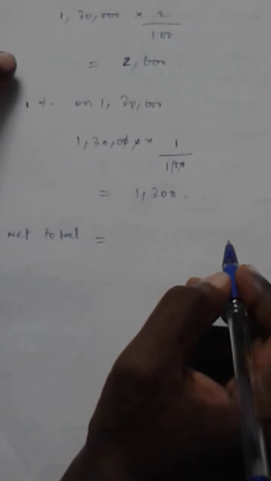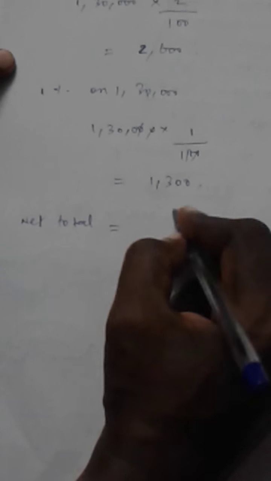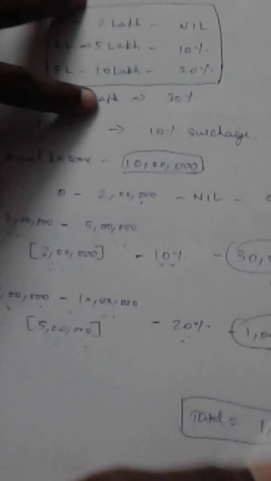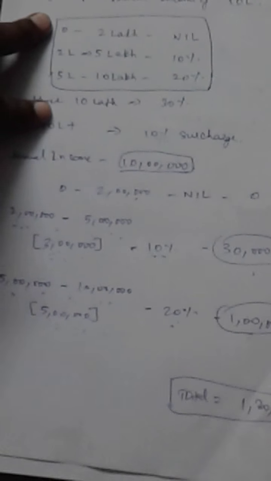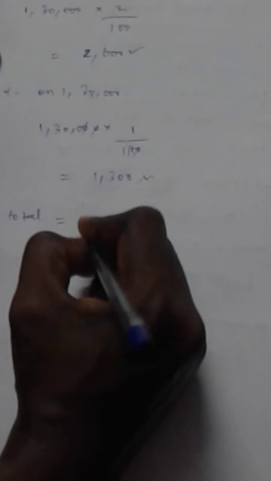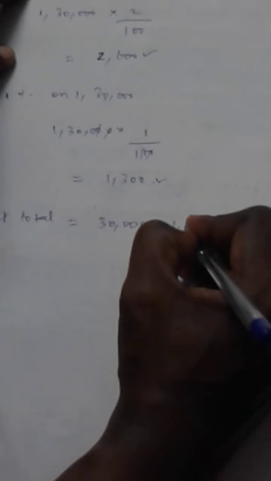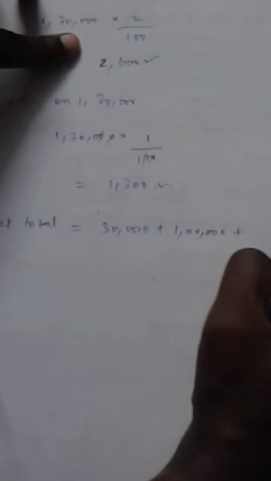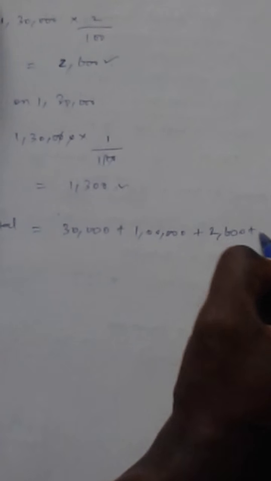Then we need to take the cumulative of everything, which includes the net total, equivalent to the very first thing we have said here. You need to take into account this 30,000, this 1 lakh, this 2,600, this 1,300. Let me write it down: 30,000 plus 1 lakh plus 2,600 plus 1,300.